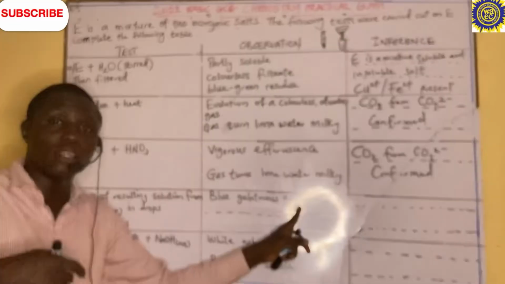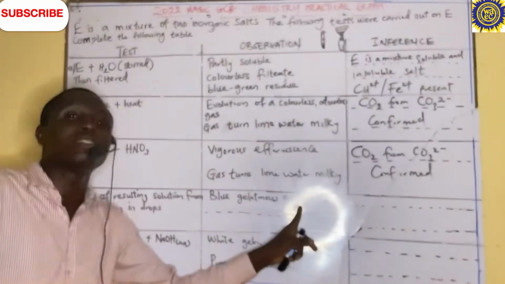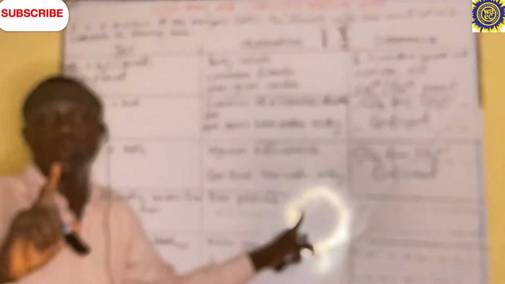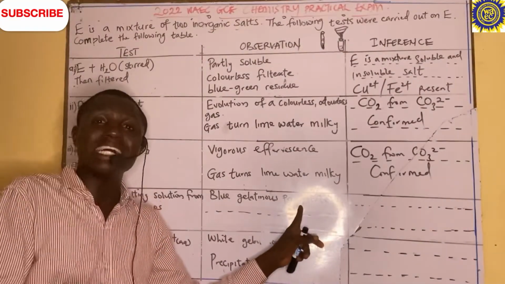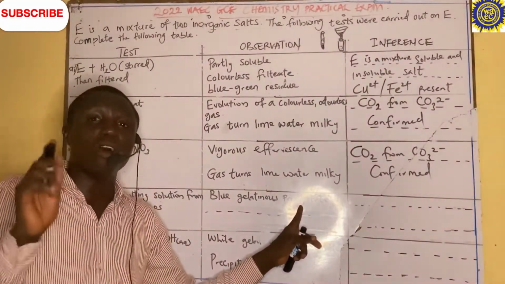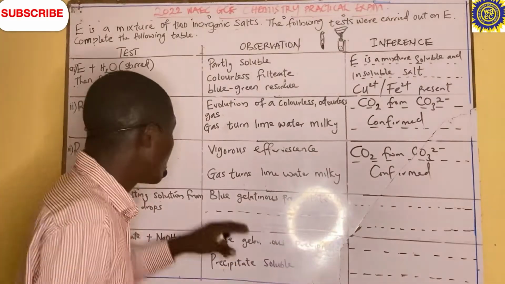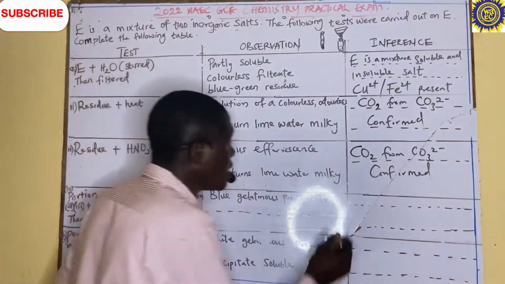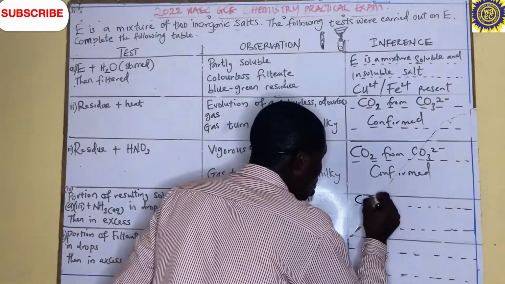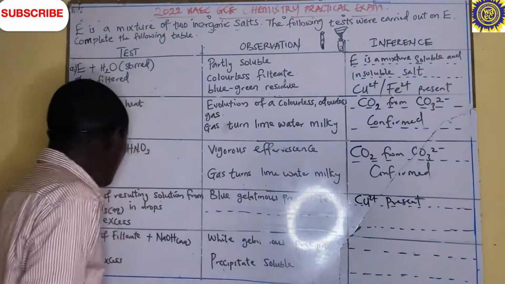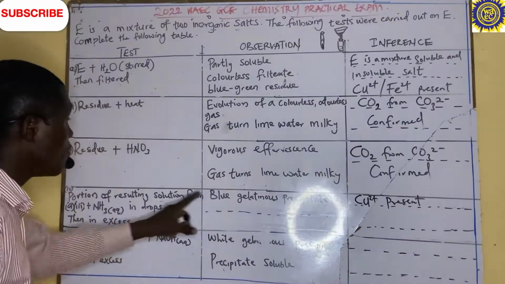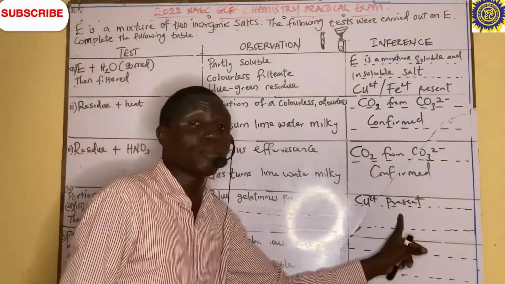That shows that the copper 2 ion is present, because the copper 2 ion has a characteristic color of blue. So when I say blue gelatinous precipitate, you can say Cu2 plus present.